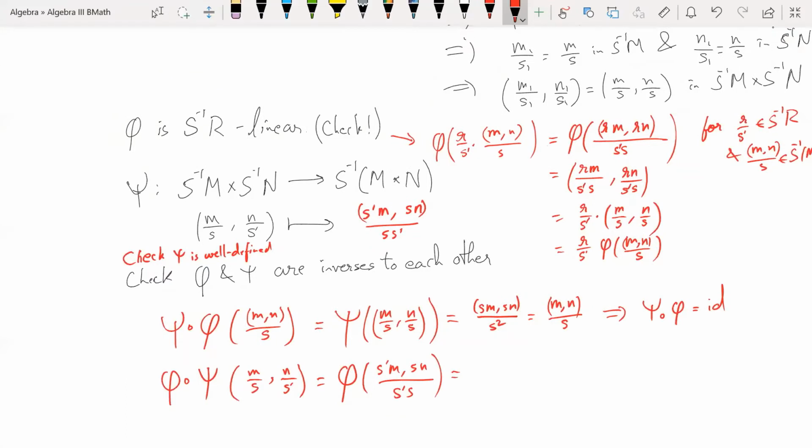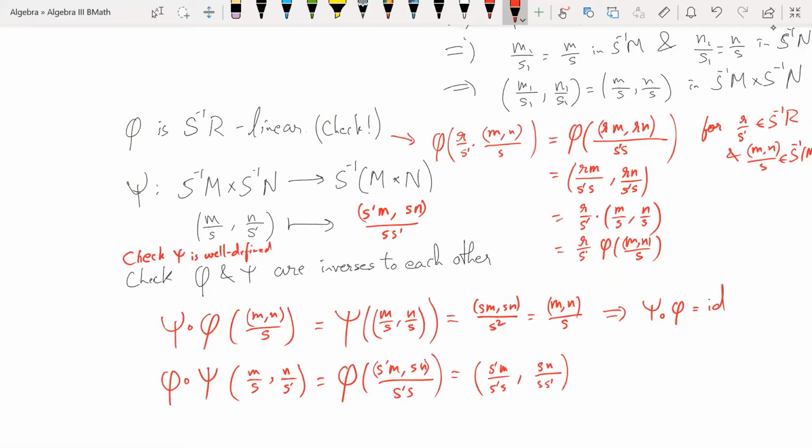Then we just apply the formula for phi: first factor over the denominator, so m over s comma s n over s prime.